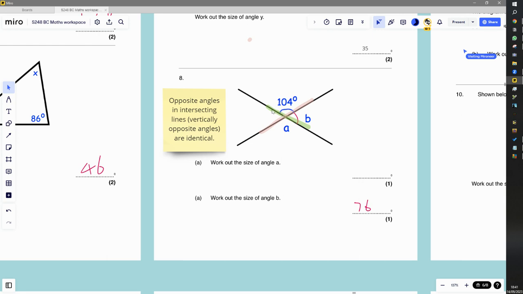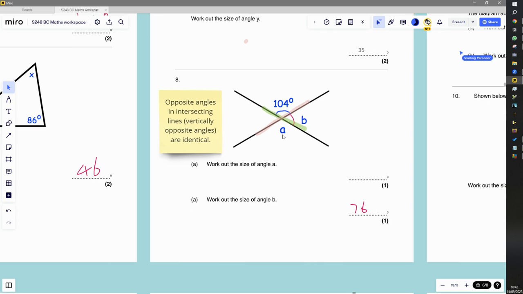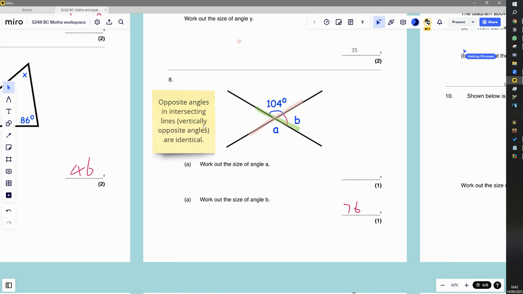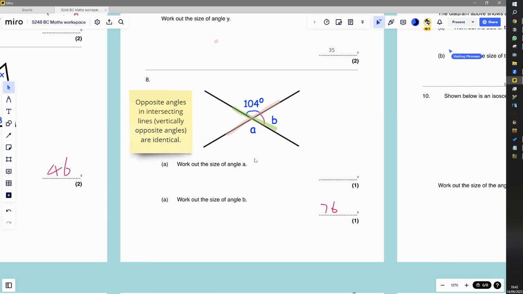So if we take the straight line that I've highlighted green, then we can see that B must be 76 because they have to add up to 180. And then you can highlight the pink line and say that, well, A and B must add up to 180, so A must be 104. And from doing that, you realize that that's the same as that, and that's kind of proving that statement there.